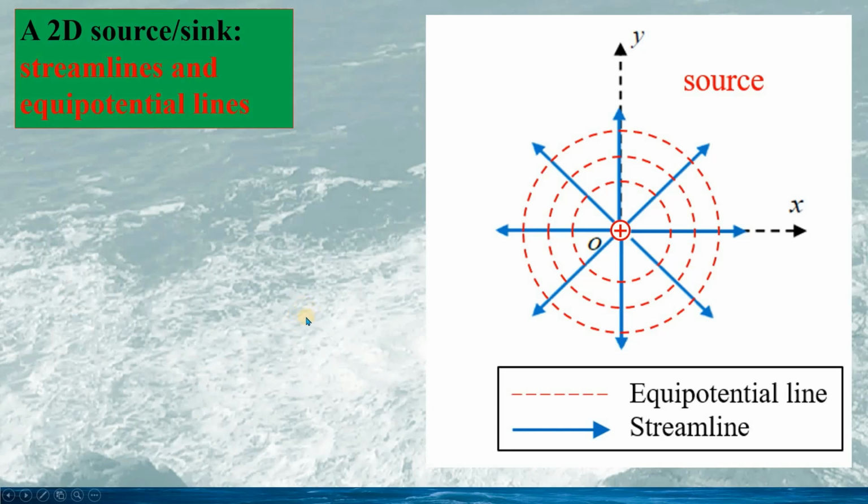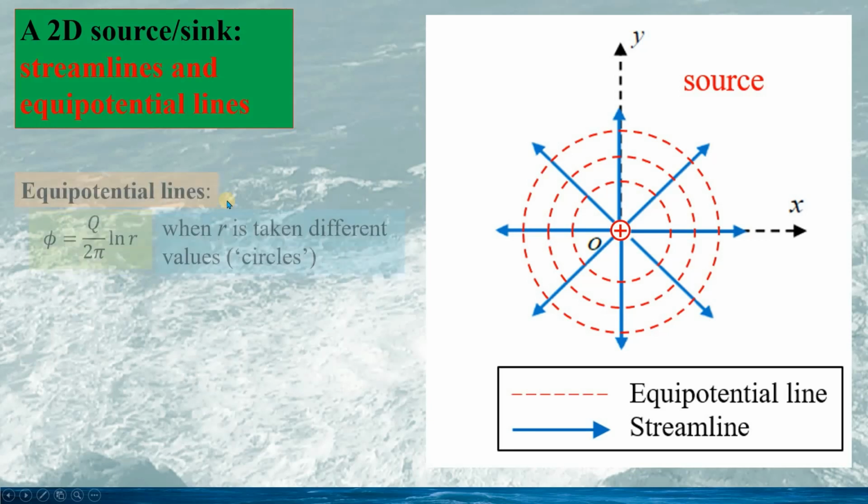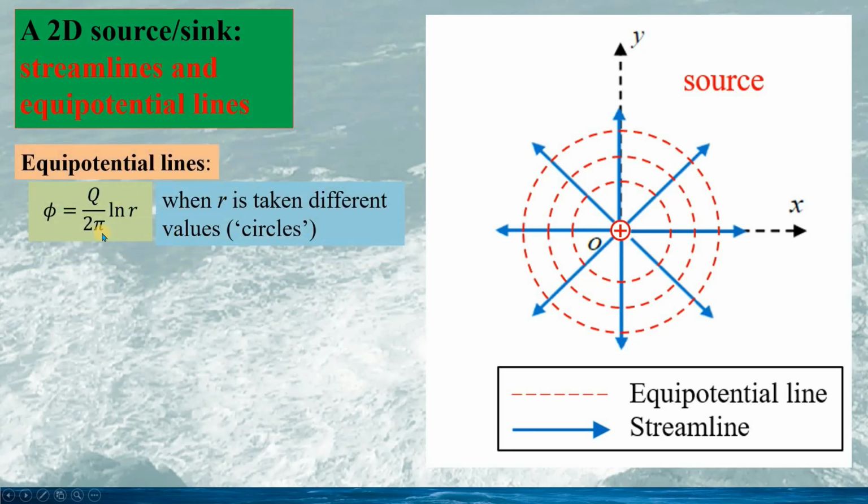Since we have already obtained the velocity potential function and the stream function, we can draw the streamlines and the equipotential lines. For equipotential lines, based on the potential function phi given as this, we can see that when r takes different values, the potential would be a different value.